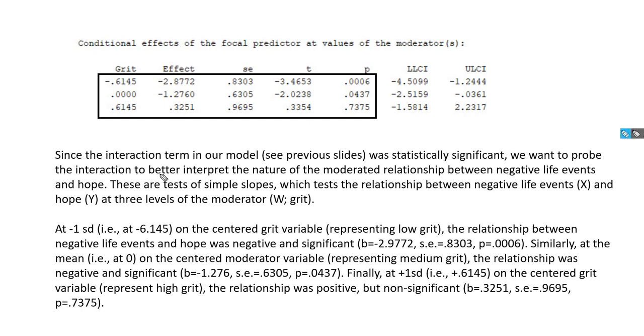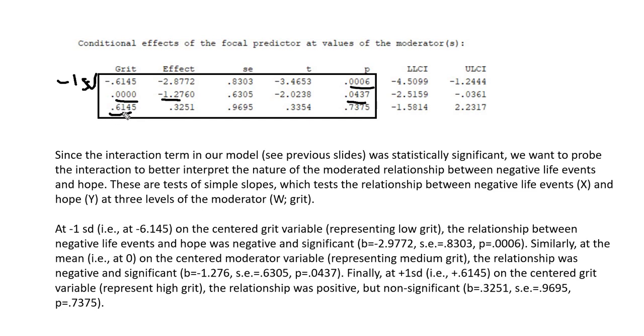Looking at our results right here, you can see that at -1 standard deviation, which on the grit variable is -0.6145, the effect is -2.8772, and it is statistically significant. At the mean on grit right here, we also have a negative relationship. It's -1.276, and you can see that it's statistically significant at the conventional 0.05 level.